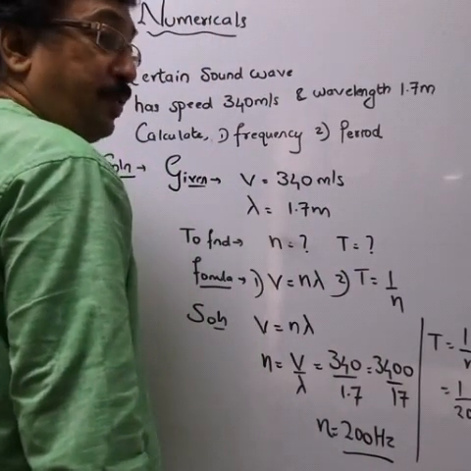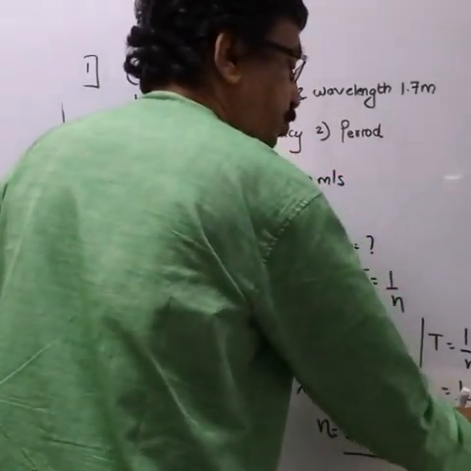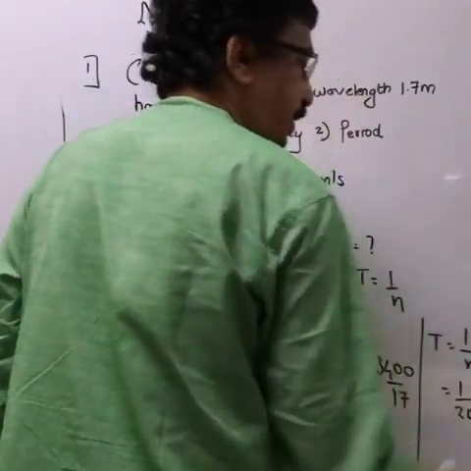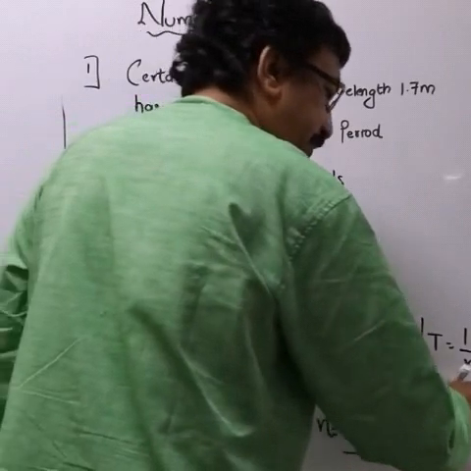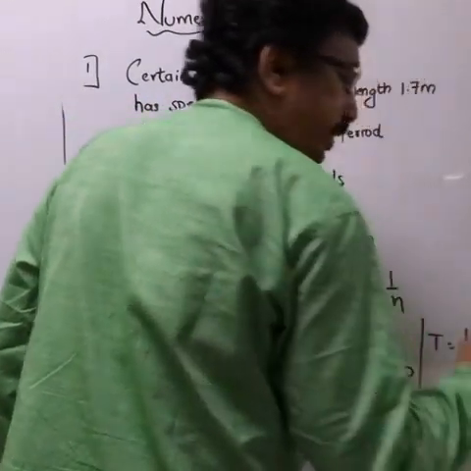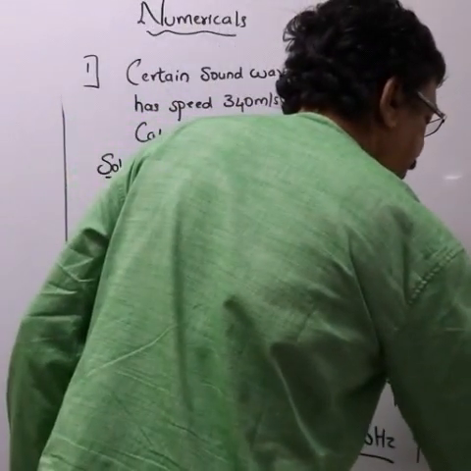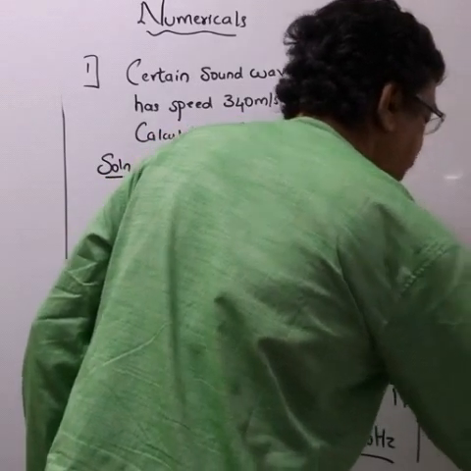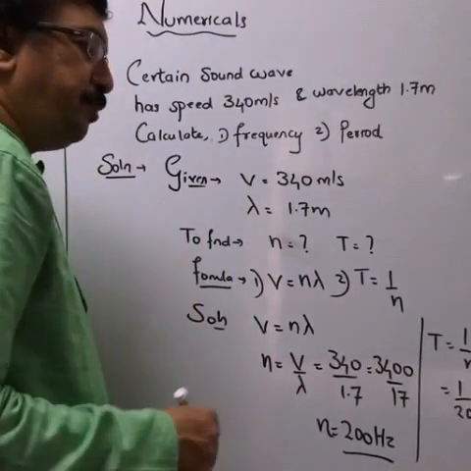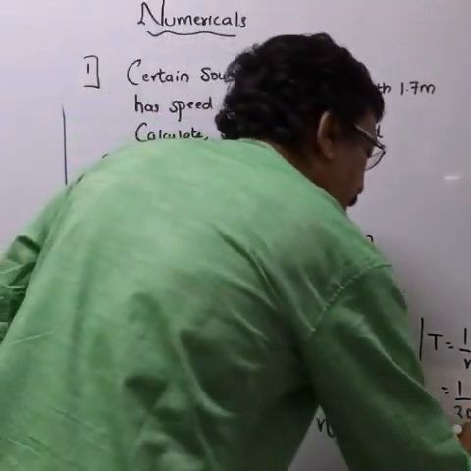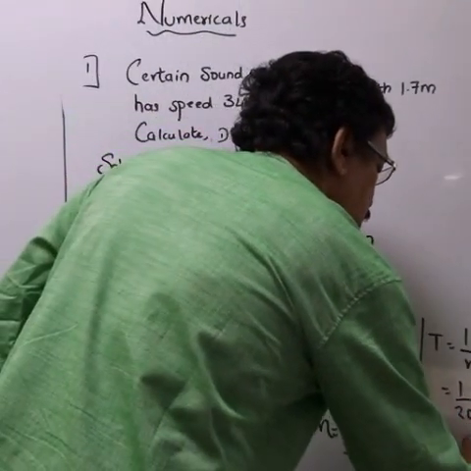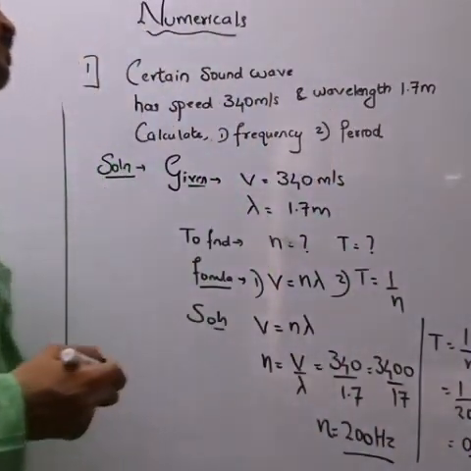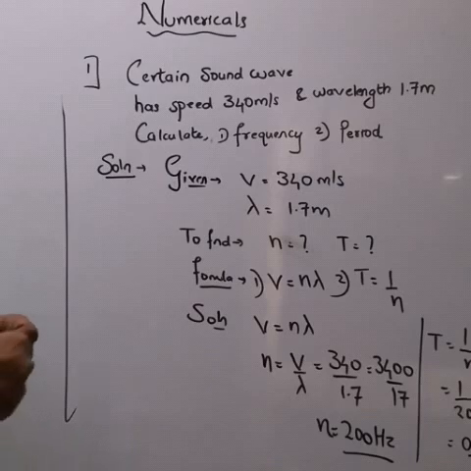Now 1 by 2 is 0.5, and 10 raised to 2, when you take it in the numerator, it will become 10 raised to minus 2. So half I write as 0.5 into 10 raised to minus 2, or simply 5 into 10 raised to minus 3 seconds. If you want to write in decimal, the answer will be 0.005 seconds.